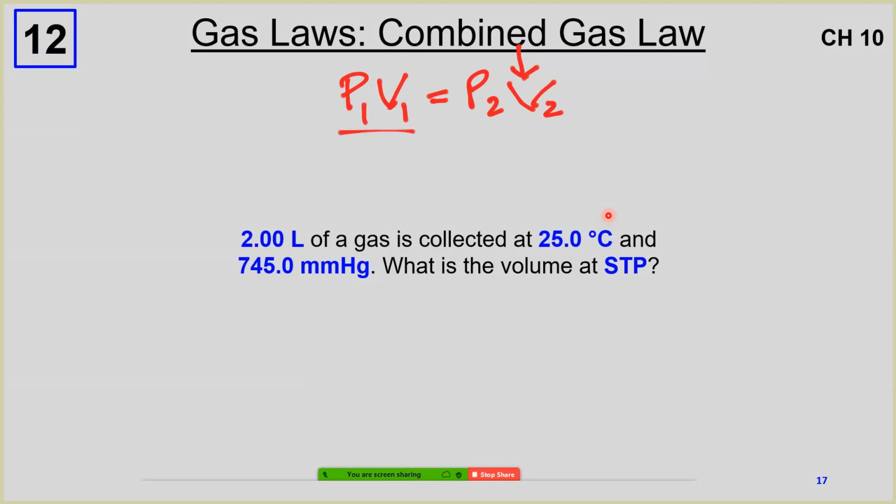In Charles's law, it's between volume and temperature: V1 over T1 equals V2 over T2. And then the Gay-Lussac law is between pressure and temperature: P1 over T1 equals P2 over T2. So this is the combined gas law.